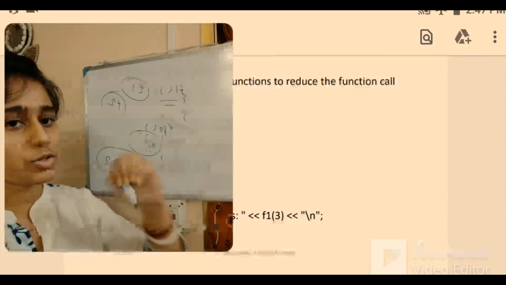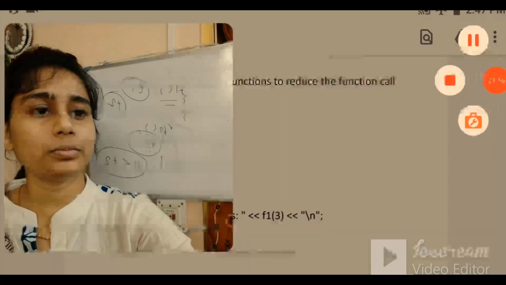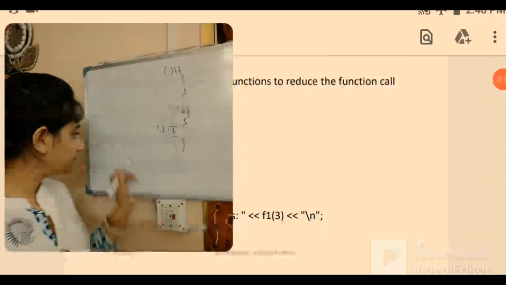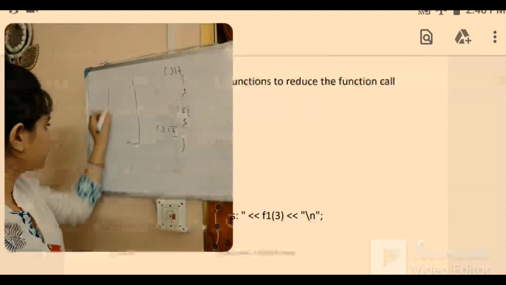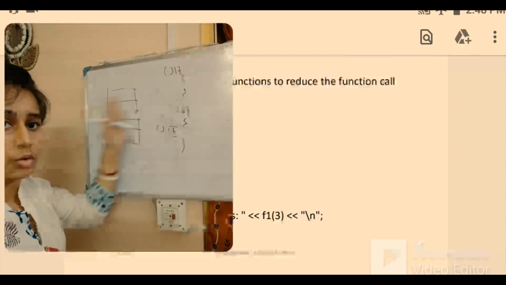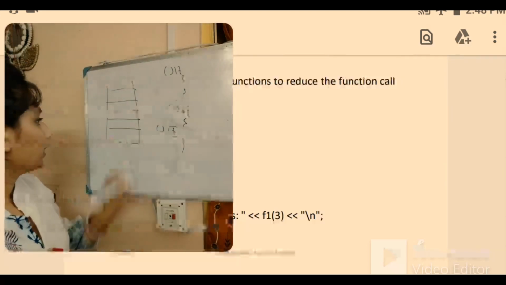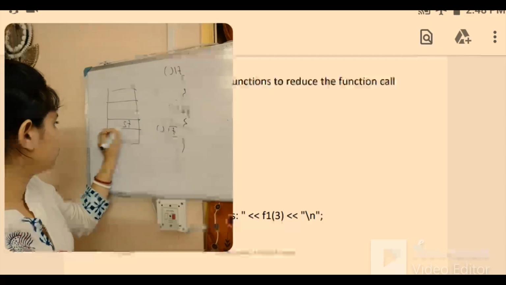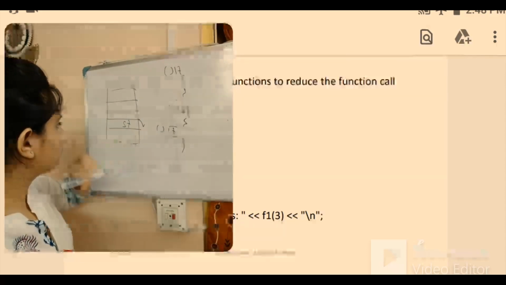What happens in case of an inline function? Say in memory the code is executing one by one, and f2 is written from here to here.